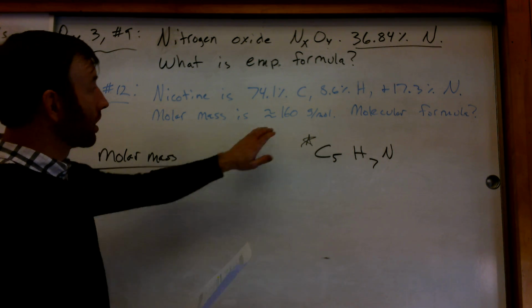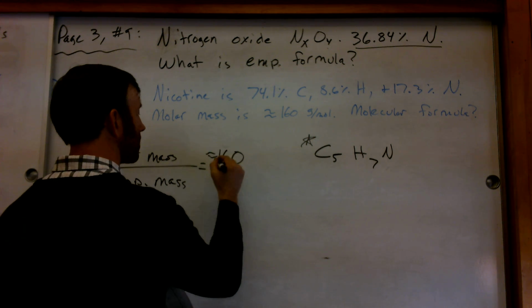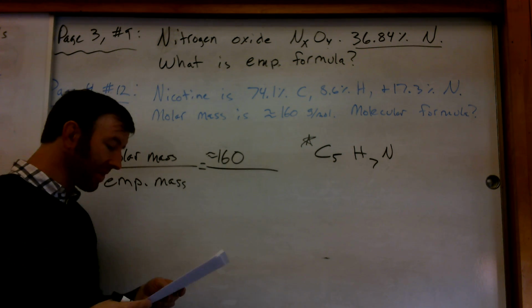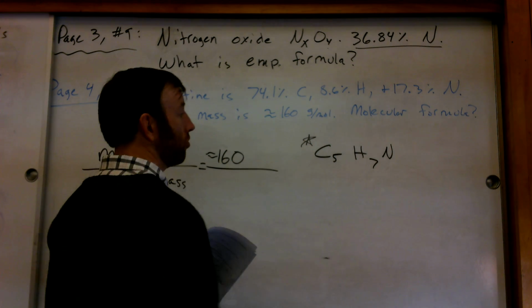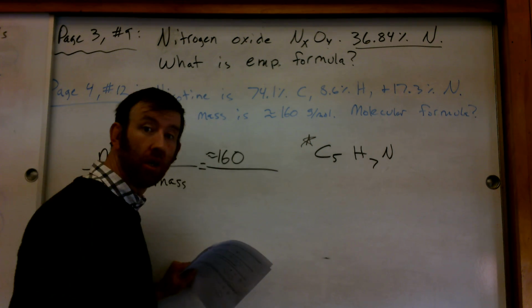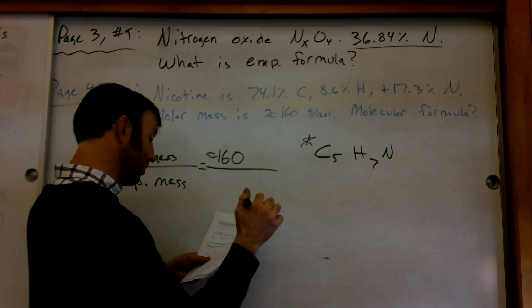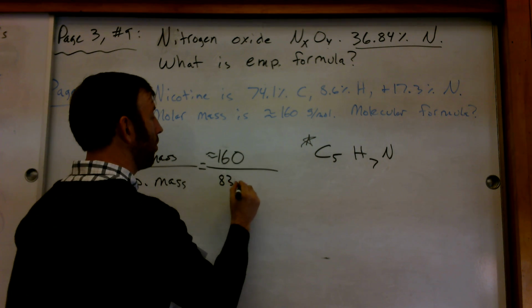We're given our molar mass is about 160. We're going to divide that by the mass of this empirical formula, which is 5 carbons plus 7 hydrogens plus 1 nitrogen. So I push that in my calculator, and I get 83.12.